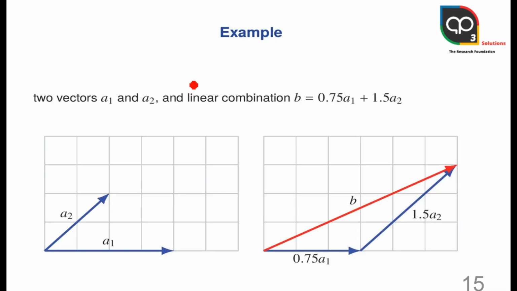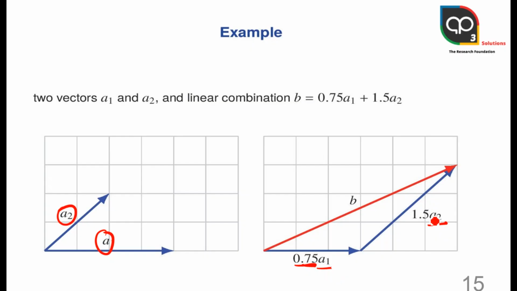Now towards displacement: when a vector represents a displacement, a linear combination is the sum of scaled displacements. Kindly observe, we have two vectors a1 and a2, denoted with an arrow symbol. This linear combination is the sum of scaled displacements. So if we specify it like this, it is 0.75 a1 plus 1.5 a2.